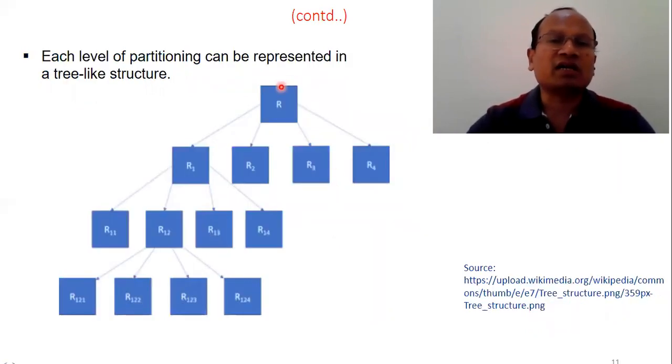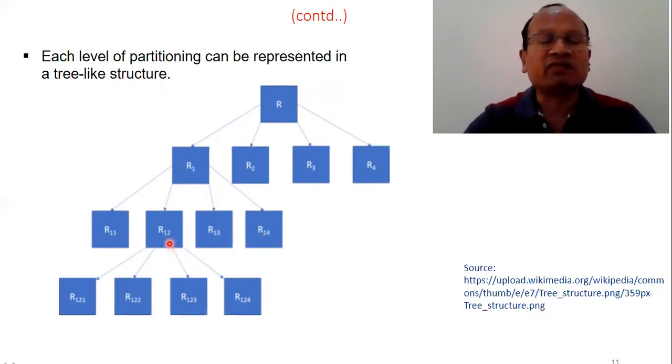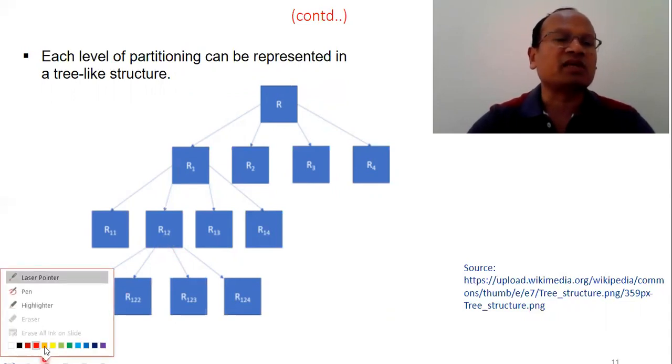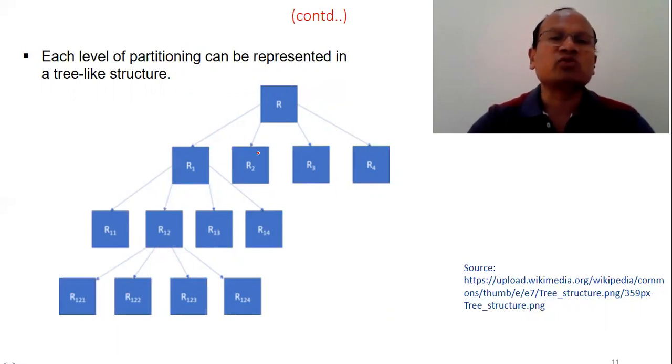You see R has been divided into R1, R2, R3, R4. Then R1 has been divided into R1 1, R1 2, R1 3, and R1 4. And when we further split R1 2, right? Let me choose a pen.